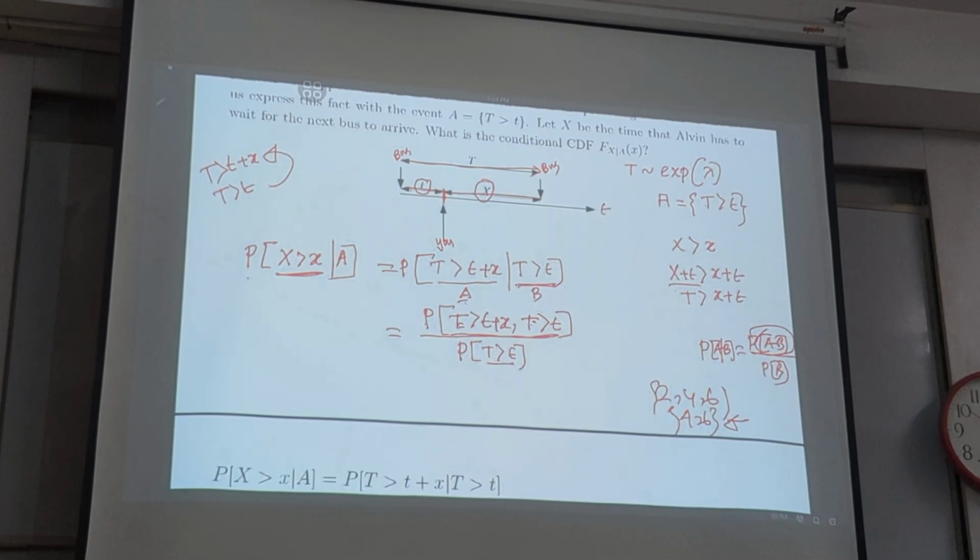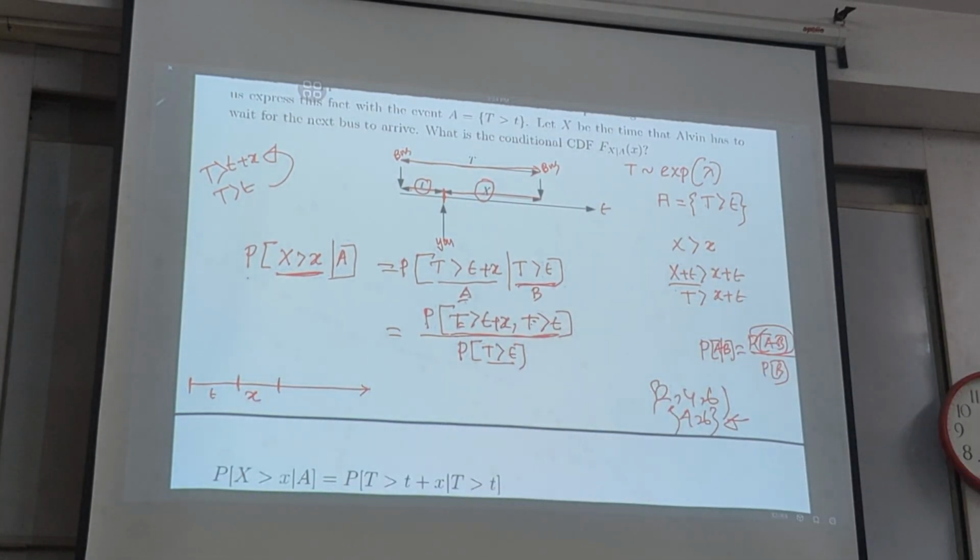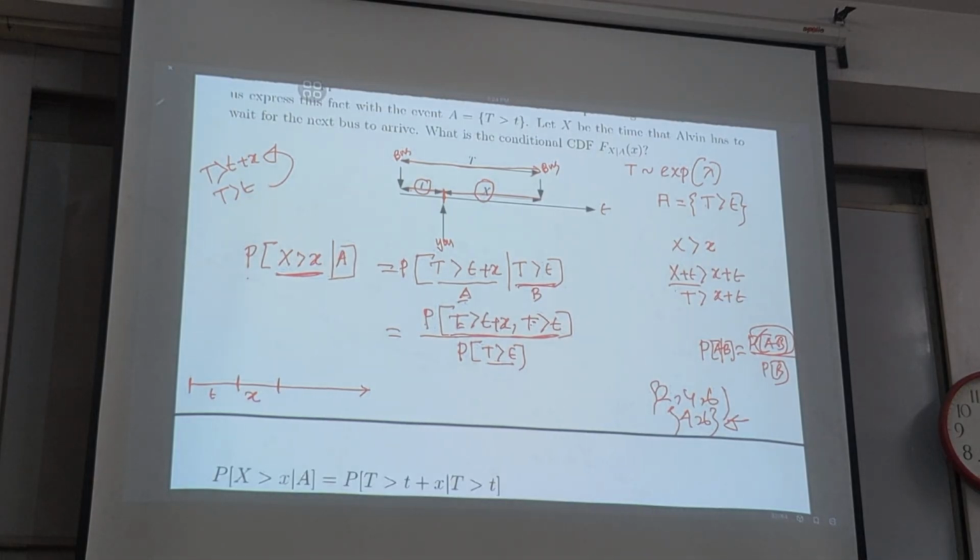Why is it not? Let me draw the time diagram. This is t, this is x. When we write T is greater than x plus t, it starts from here and goes up to infinity, and when we write T is greater than t, it starts from where?